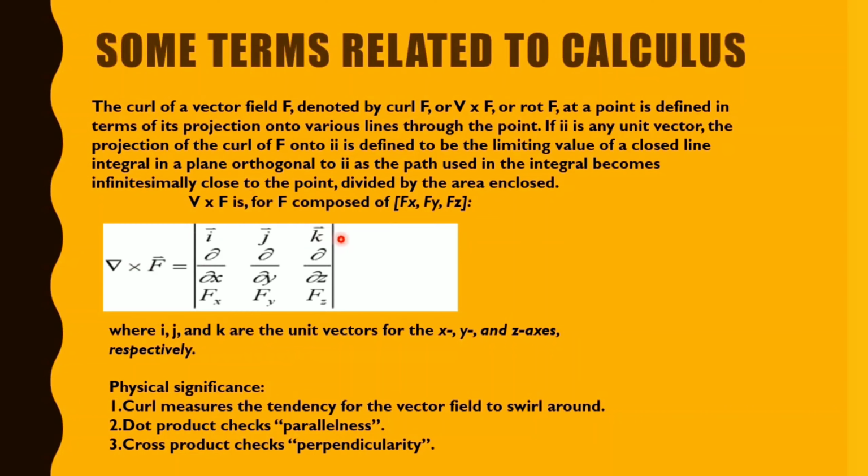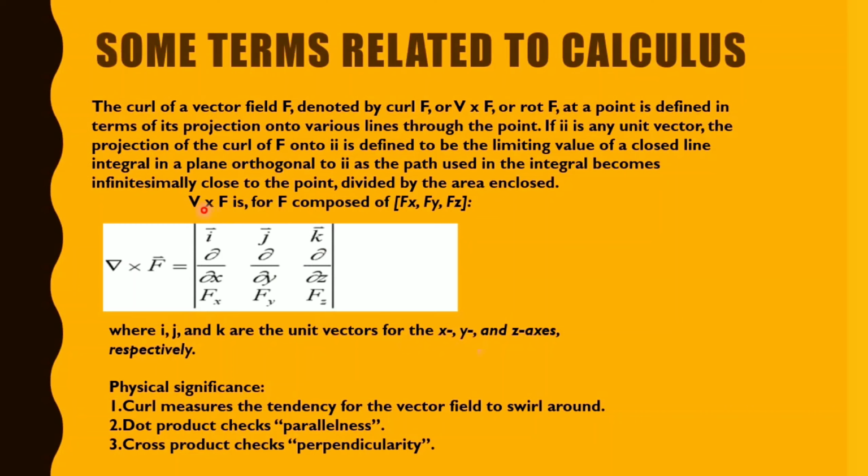There will be three rows. In the last row it will be Fx, Fy, Fz, and in the second row it will be delta by delta x, delta by delta y, and delta by delta z. And i, j, k are the unit vectors along the x, y and z axes respectively.